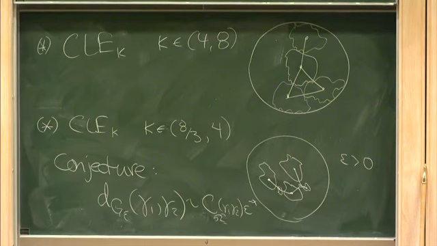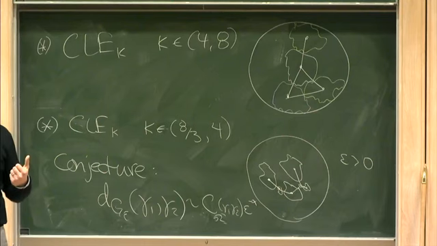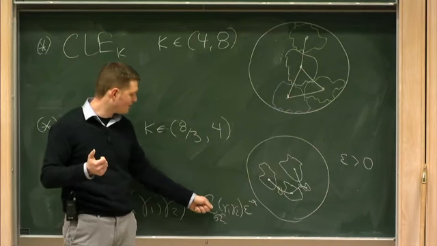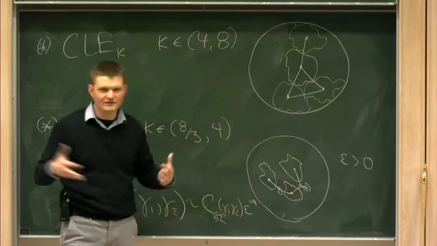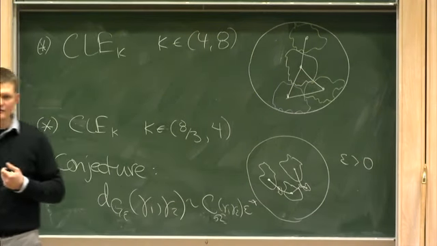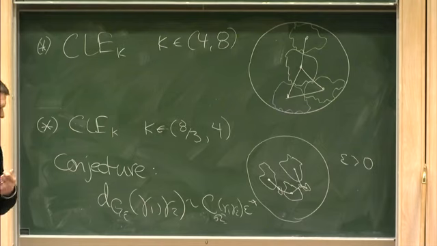But it means that if you scale everything by some factor lambda, then you just get an additive error which doesn't contribute anything in the epsilon goes to 0 limit. So this constant is going to be the same under scaling. So that gives you some sense that there's a reason to believe that there might be some conformally invariant metric on CLE4.